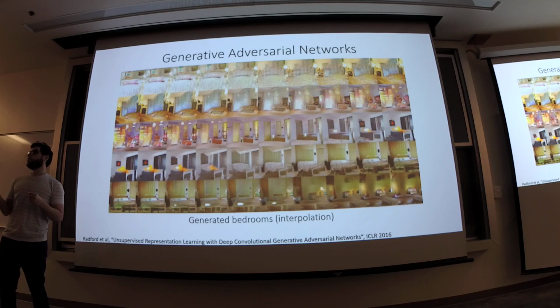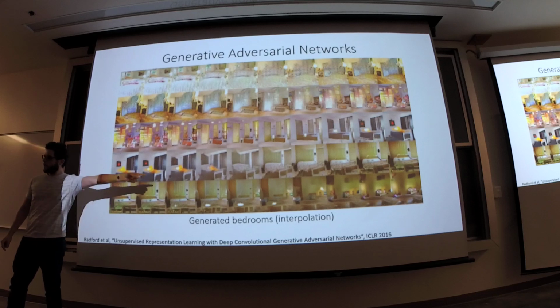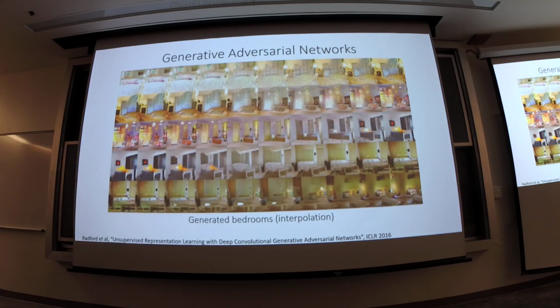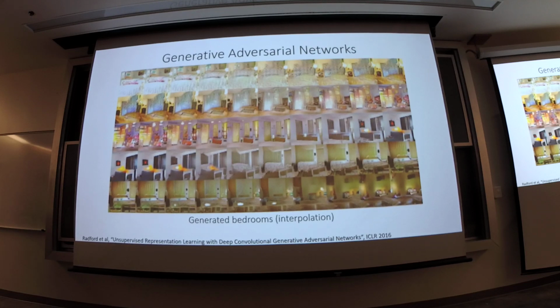At that point, you can go from X to Z, obtain the Z here, and interpolate towards there. But it's not properly what's called the vanilla GAN, the one that I just explained. You have to add stuff on top.